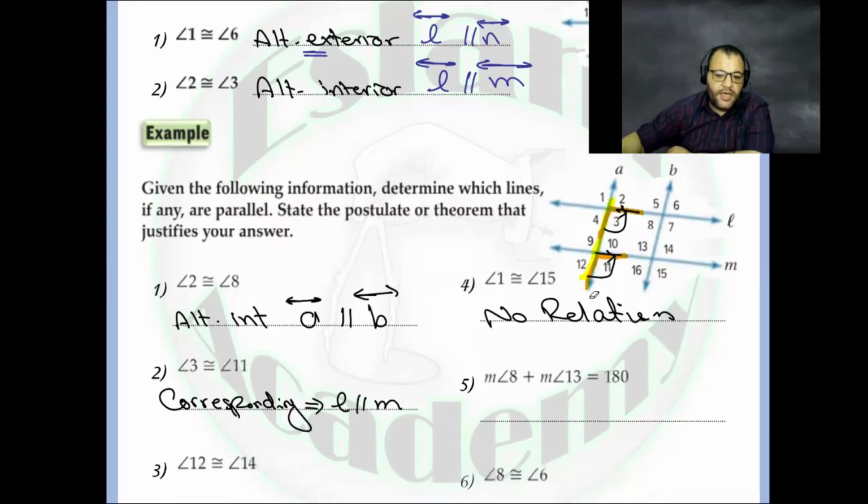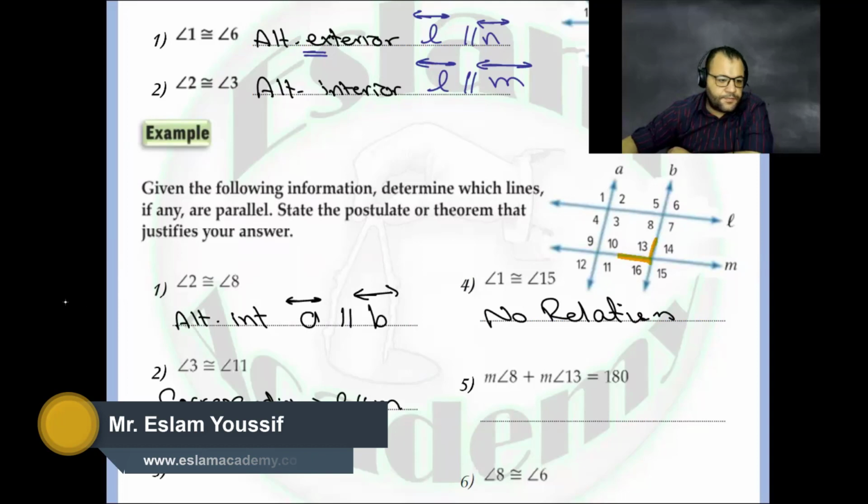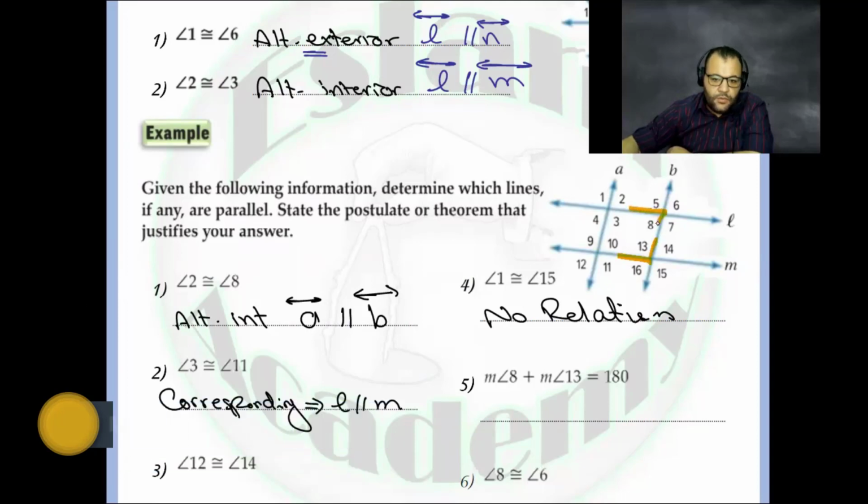Now we have 5 and 13. So I will draw 5, and 13. Sorry, 8 and 13, not 5. 8 and 13. Which letter can you see now? U. So where are the two lines? That is the two lines which are parallel.